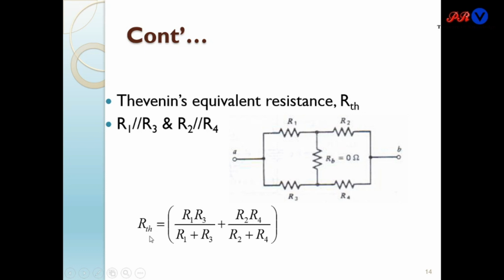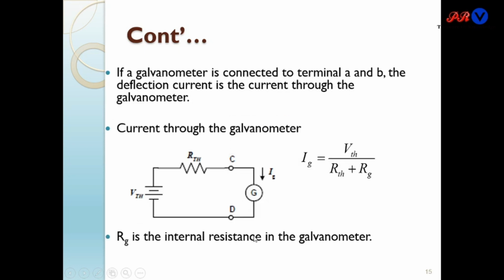So R Thevenin can be calculated. This combination is in series with this combination, meaning two parallel combinations in series with each other, and so the Thevenin equivalent resistance is this one.